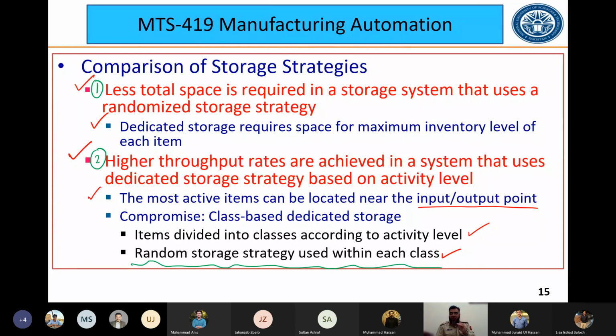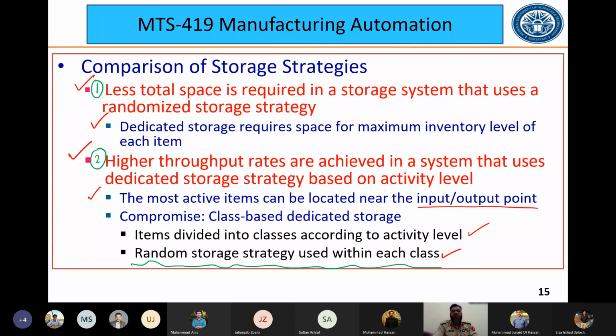So the SKU coming into a dedicated storage space will be placed on the first location which is empty, जो कि हमारी randomized storage की एक strategy थी. ठीक है, so this is the comparison. So less space is required if we go for randomized storage, more required for dedicated storage, higher throughput for dedicated storage and reduced throughput for the randomized storage.